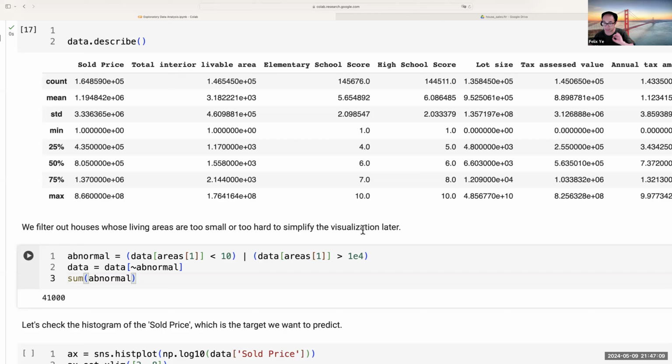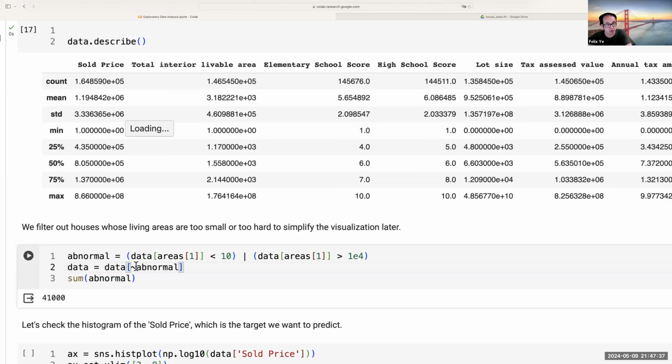So we'll only predict the prices that are in the normal range. So I will consider those data abnormal if my living area is less than 10 square feet, or my living area is more than 10 to the fourth square feet. Okay, so these are actually abnormal.